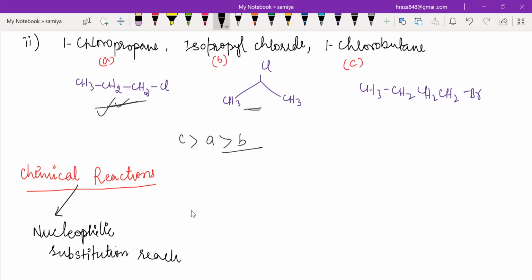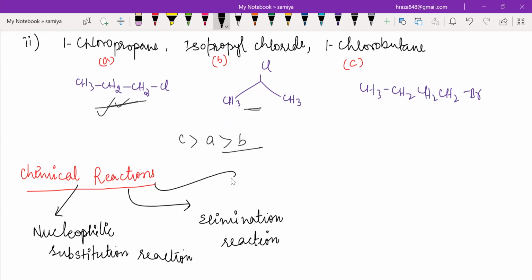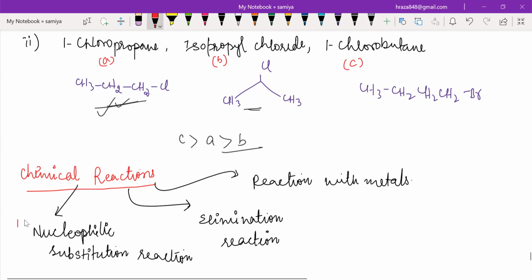The second is elimination reaction. And the third one is reaction with metal. So basically, we are going to study the chemical properties of haloalkanes and haloarenes, and we have three types of reaction: nucleophilic substitution reaction, then elimination reaction, and then reaction with metal. Write this and let me know. Then we will start with nucleophilic substitution reaction.